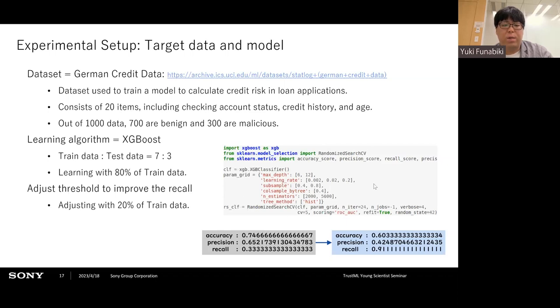If the threshold is lowered, it increases false positives, but the recall can be ensured. So in this case, we tune the threshold.